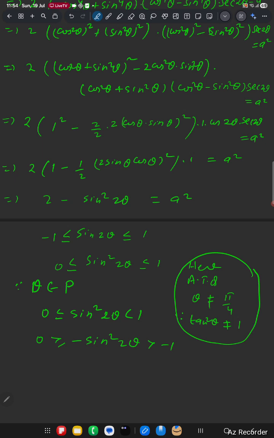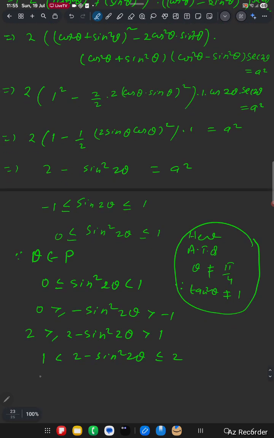Now we add 2 throughout: 2 is greater than or equal to 2 minus sin square 2 theta, which is greater than 2 minus 1, that is 1. So in other words, 1 is less than 2 minus sin square 2 theta, which is a square, less than or equal to 2.